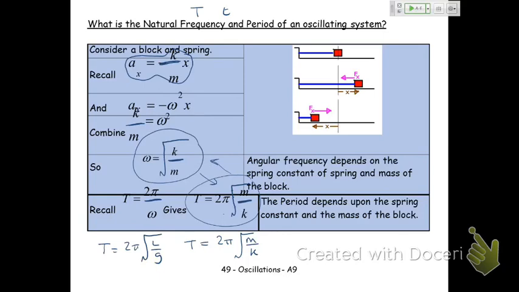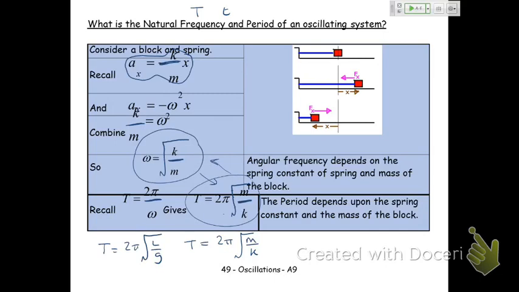If I increase my mass, I expect my system to be sluggish, so the frequency should be less. So m should be on the bottom. So it's logical. You write down what you think it is, and then you say, have I got it the right way around? It's going to be a square root in either case.